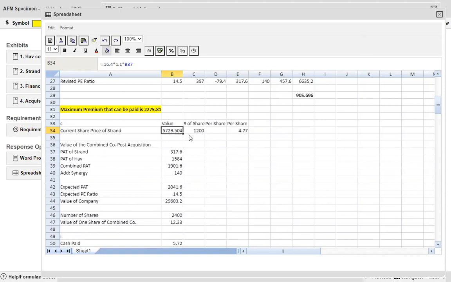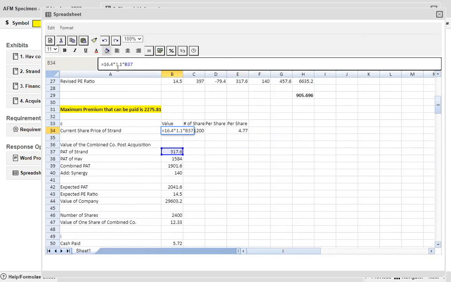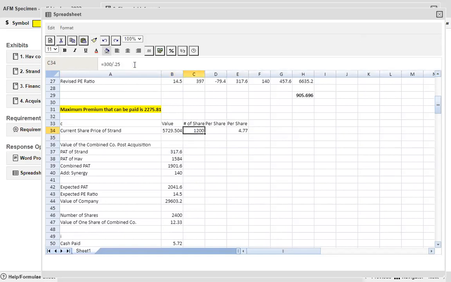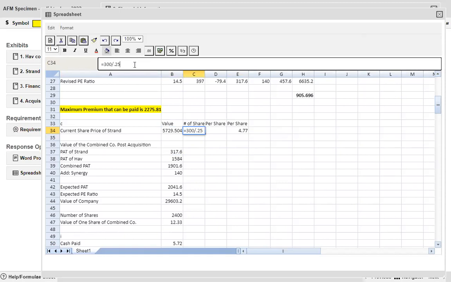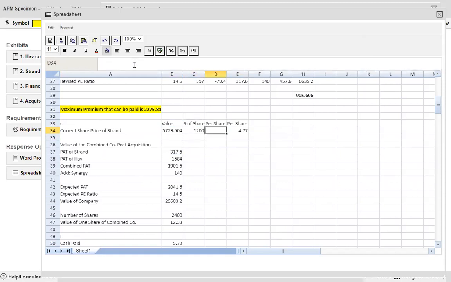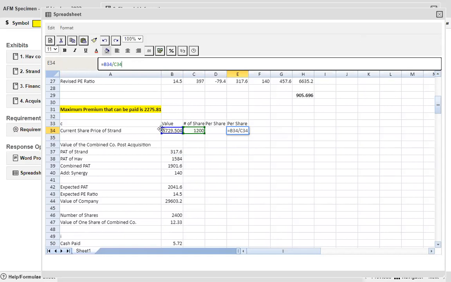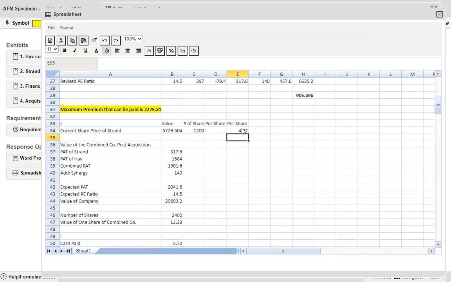Now see, this is what we have calculated, the value of Strand company. 16.4 times is the industry average PE and your PE is 10 percent greater. And then multiply by your post-tax earnings. The number of shares are this. The value per share is going to be this divided by this. This gives you value for Strand company.